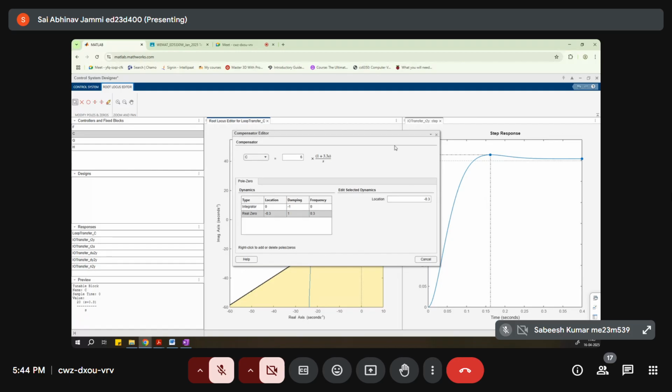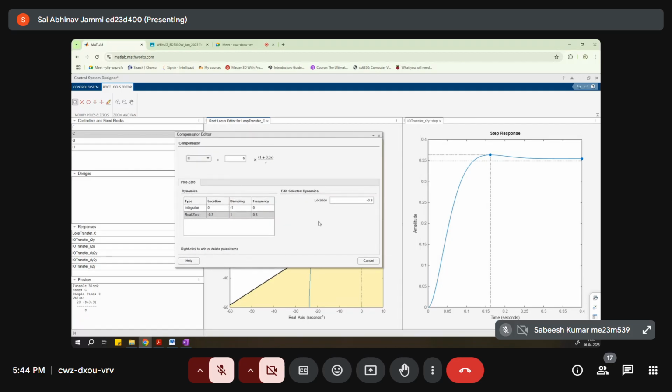This is a reasonably good value. Now you can see that it is settling in 0.4 seconds, and the peak overshoot is also not much. But I have a steady state error. My value is 349.